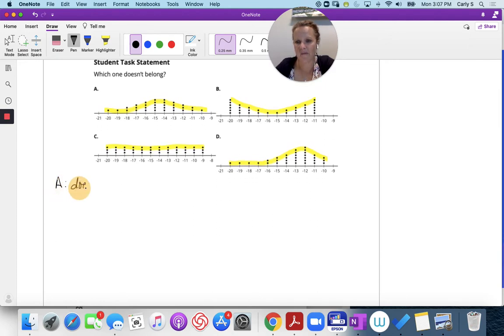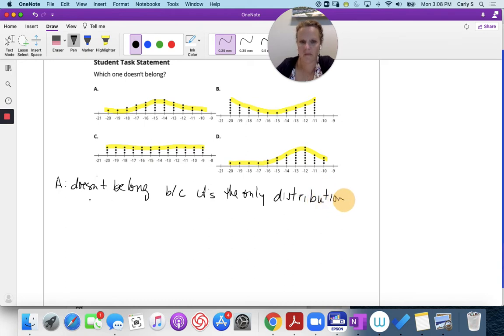A, it doesn't belong because it's the only distribution with most of the data clustered near the center.